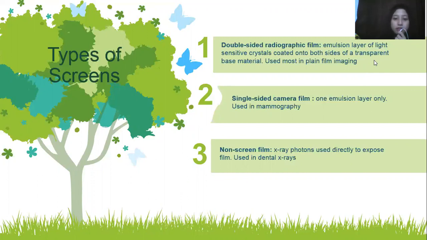The second is single-side camera film, with one emulsion layer only, used in mammography. And the last is non-screen film, where X-ray photons are used directly to expose the film, used in dental X-rays.